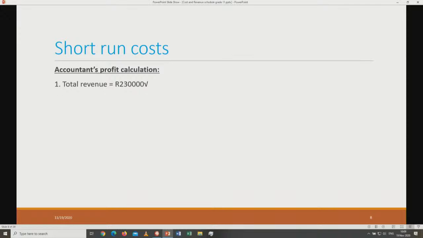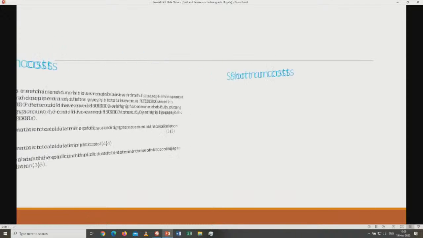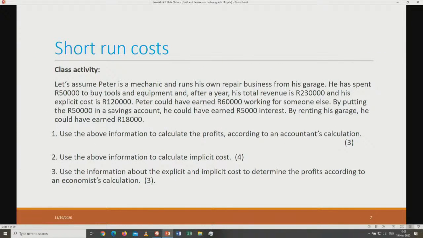The second question, let's go back to the question again. The second question says, use the above information to calculate implicit cost. Now, implicit cost is the amount that could have been earned somewhere else. For the garage, it says here, Peter could have hired his garage out and earned an amount of 18,000.